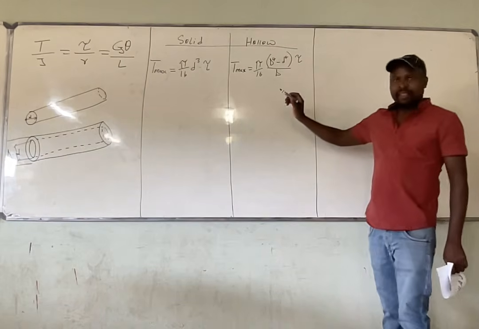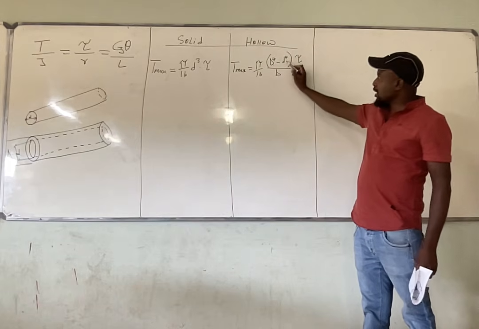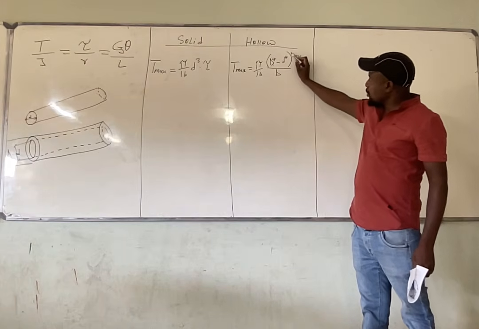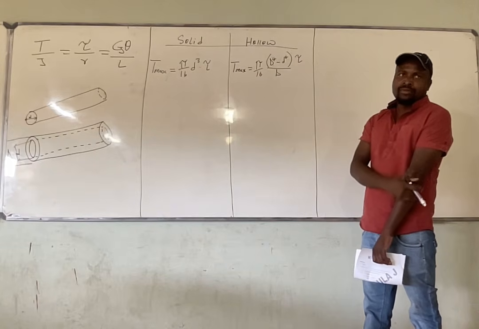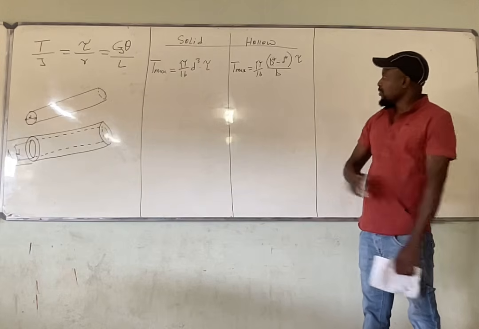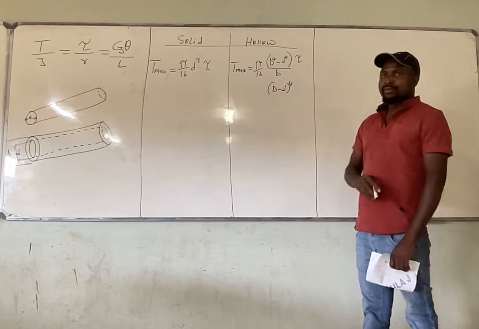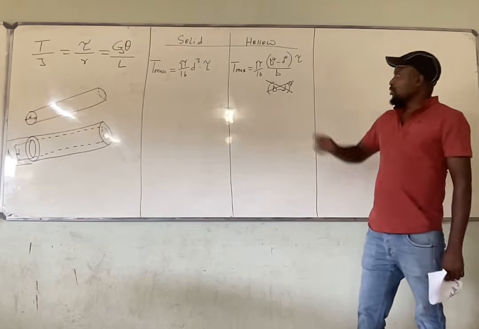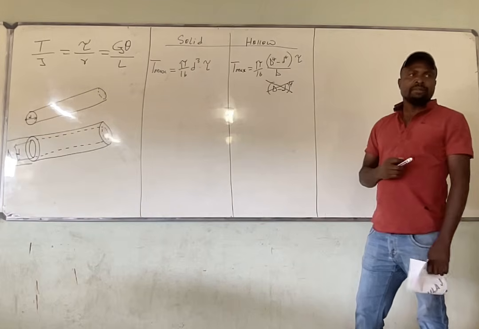And make no mistake, it is D to the power 4 minus d to the power 4, outside minus inside. The moment you take the power 4 outside the brackets, it's wrong. You get the wrong value. You cannot write D minus d to the power 4. This is wrong. Do not do that. Later on, you need to divide by what? Outside diameter.